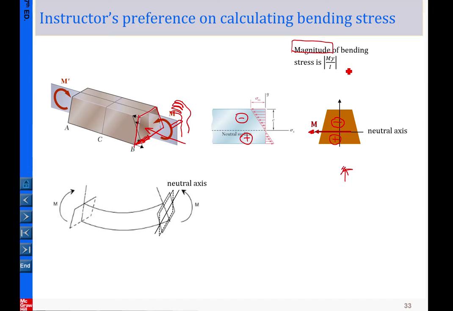The magnitude of bending stress uses this symbol, and you will see it in our textbook. It simply ignores the signs for all the terms: whatever the magnitude of M, and y is a distance. For example, if you want to determine the stress here, you simply measure the distance to here, which gives you the value of y, and I is the moment of inertia with respect to the neutral axis.